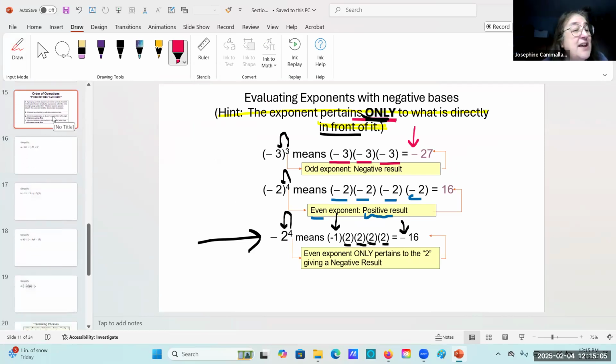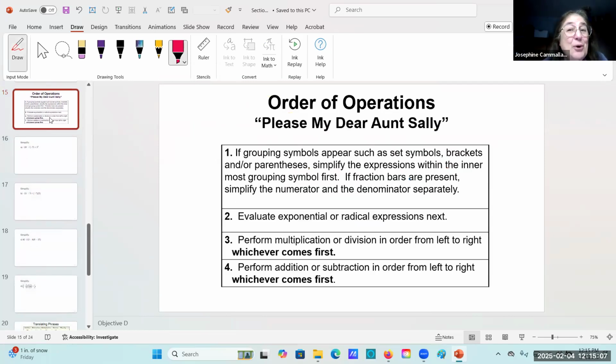Now, here comes the fun. Order of operations. This is now going to bring in more of the exponents. But this one is also going to require that you understand the rules of exponents.